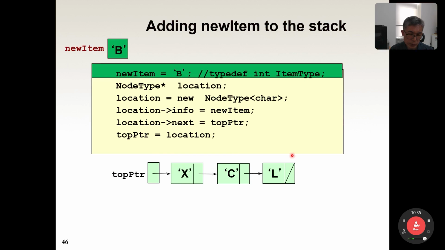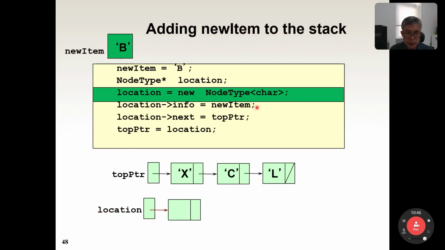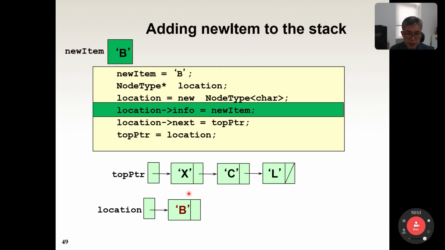So initially we have this kind of three items, and we insert the B. Let's take a look. Location is initially a garbage value here, and then we create, and then the new node location points to the new node. And then initialize this one.